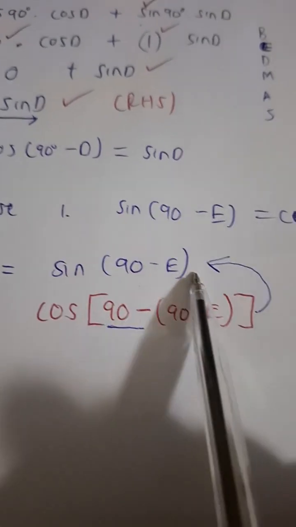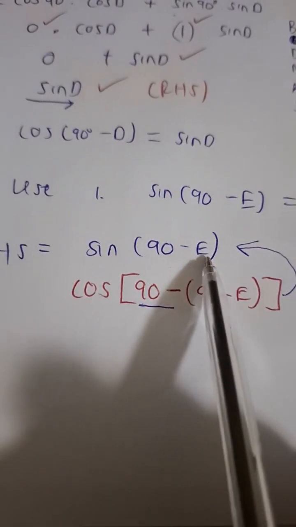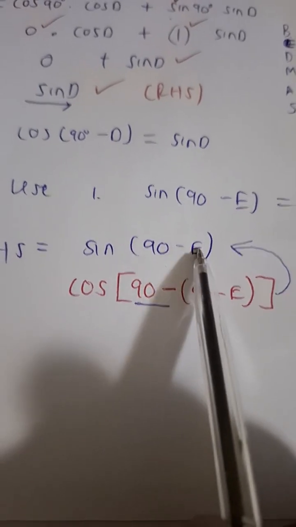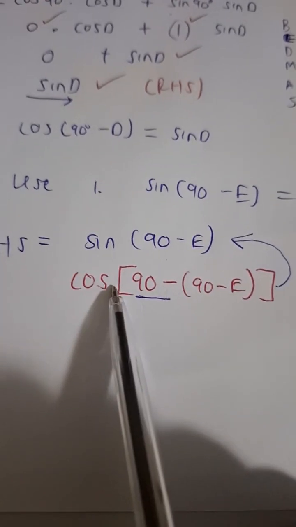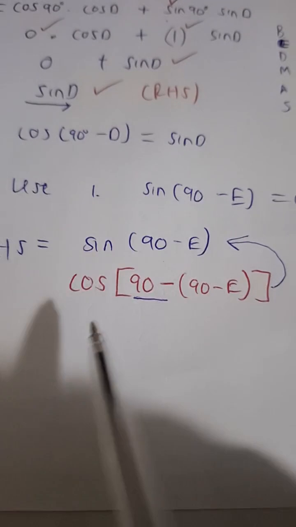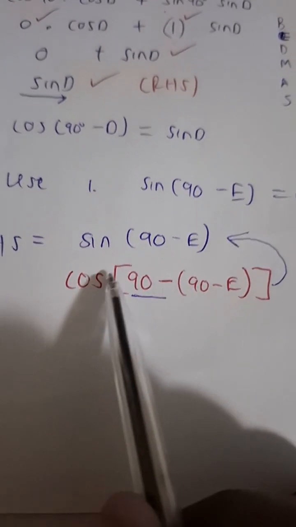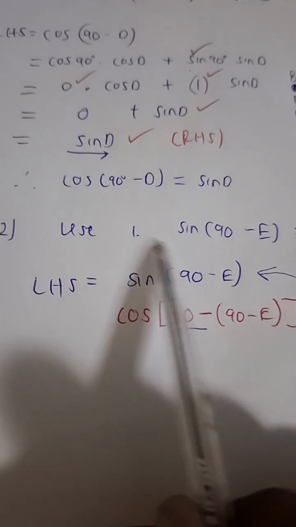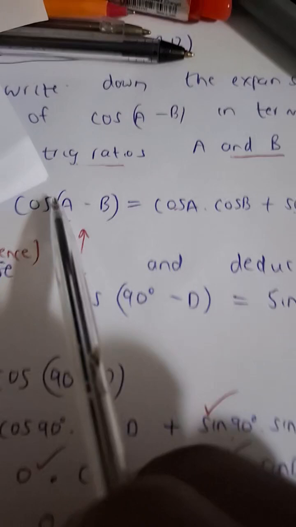What I know is that if I take the left hand side, sine of 90 minus e, I can write it as the co-ratio. The co-ratio is cos, and I write sine in terms of cos. Why? Because I am interested in using this expansion, because they've said I must use what I wrote in number 1, which is this expansion.